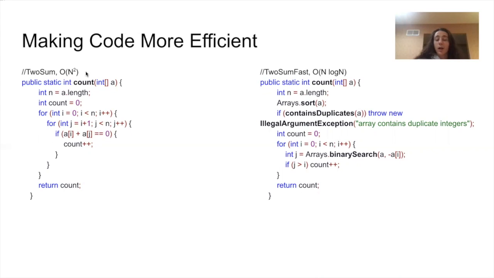Now for small n's, that is not that bad, but as n increases, n squared increases by a lot. Here on the right is twosum fast. Now this, instead of using nested for loops to iterate through the array, sorts the array and then uses binary search within a for loop to check all possible pairs that could potentially sum to 0.